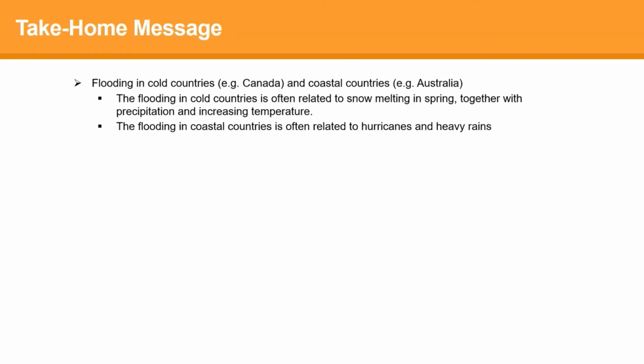In different areas, there will be different reasons. Normally in the cold countries, it's often related to snow melting, temperature increasing, and precipitation. But in the coastal countries, normally it's because of heavy rains, like in Australia, or hurricanes.